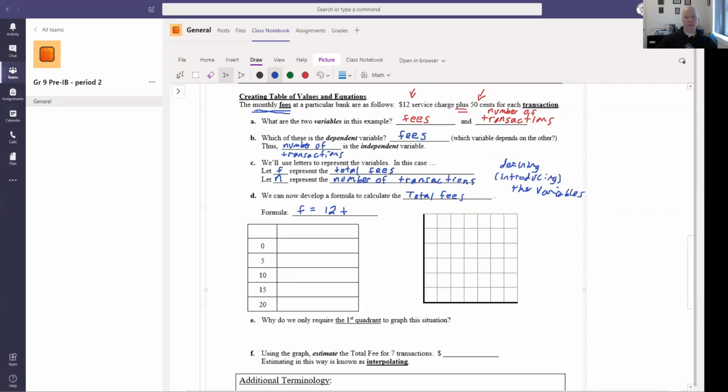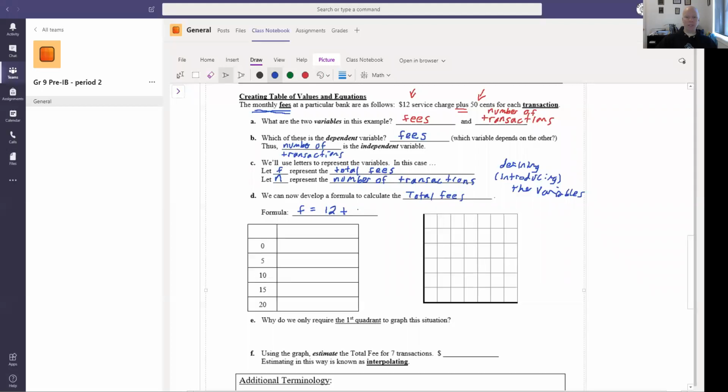Up at the top here in the description, it says 50 cents. But that's in cents. What we need to do is keep these both in the same units. So to keep the number smaller, instead of saying this is 1,200 plus 50 cents per transaction, I'm just going to say this is $12. And so how would I write 50 cents in terms of a portion of $1?